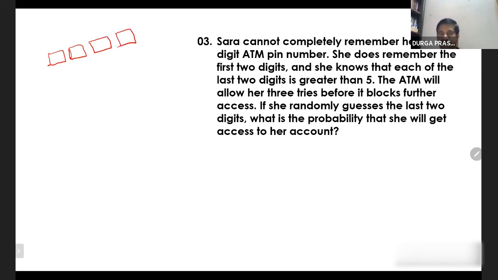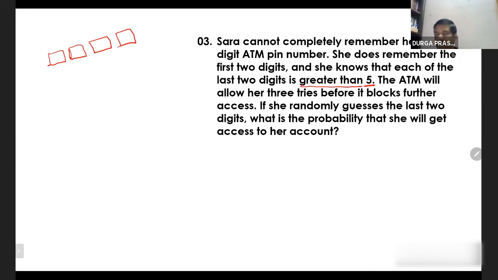These are the 4 digits of a PIN. The ATM will allow her 3 tries. I missed one more part of the sentence. She does remember the first 2 digits and she knows that each of the last 2 digits is greater than 5.